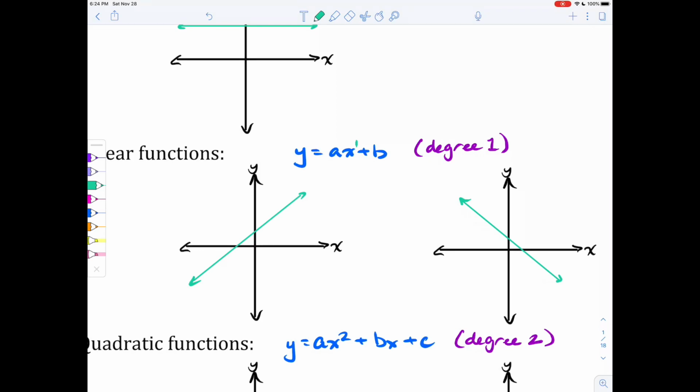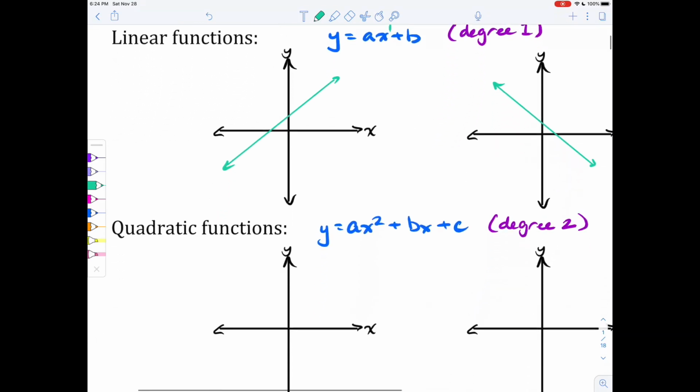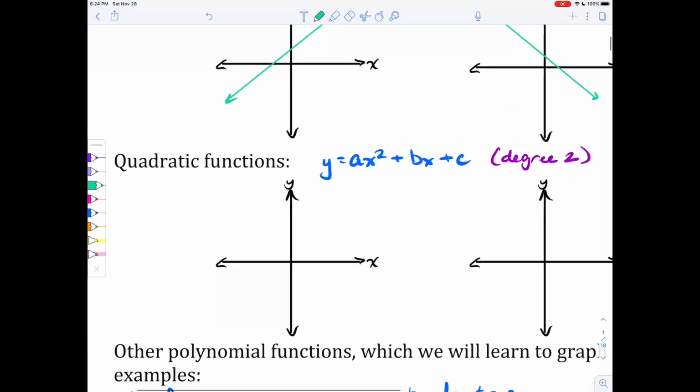We have also seen the polynomial functions that are based on quadratics. So the standard form of those is ax squared plus bx plus c. They are degree 2 because the degree of the polynomial corresponding to this is 2. That's of course because the highest exponent that we see on x is 2. What do these look like?